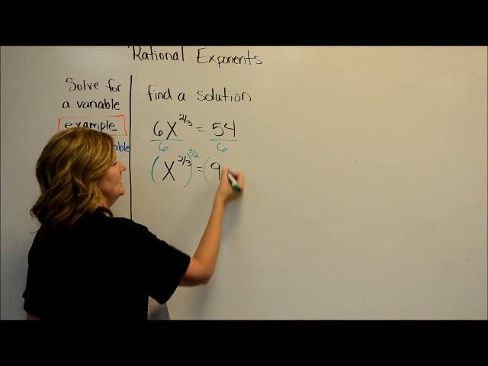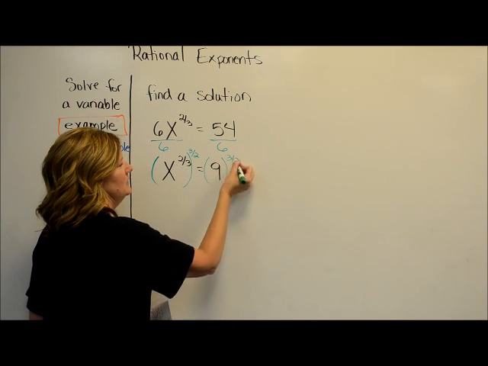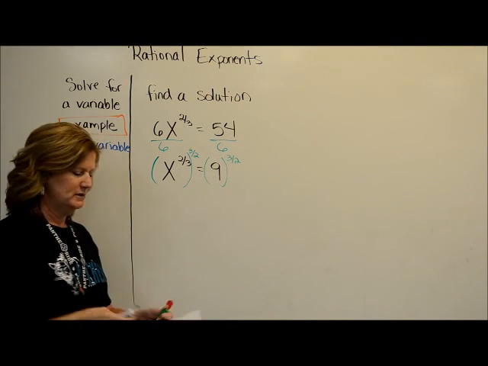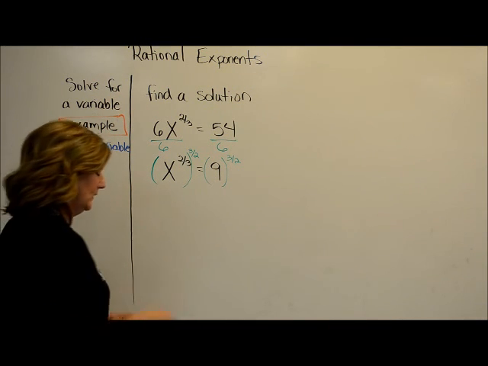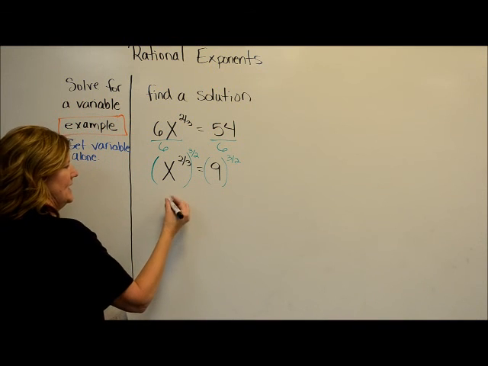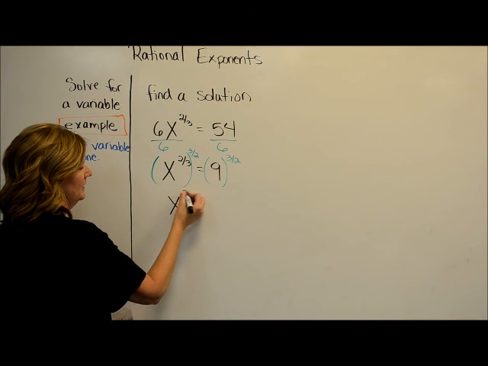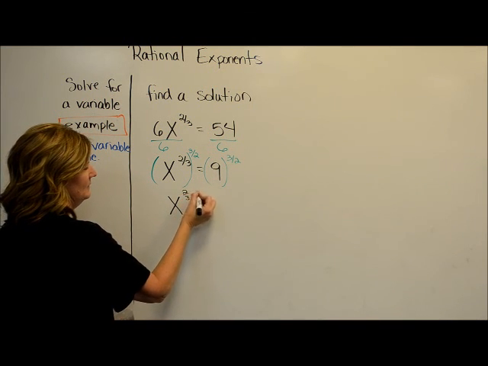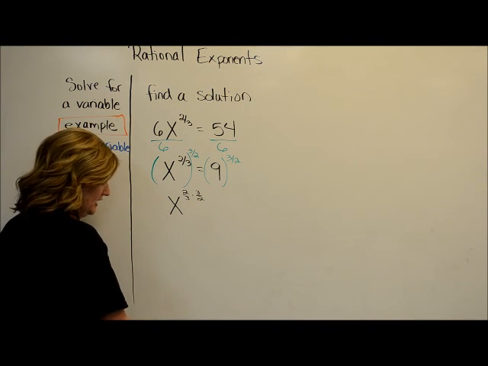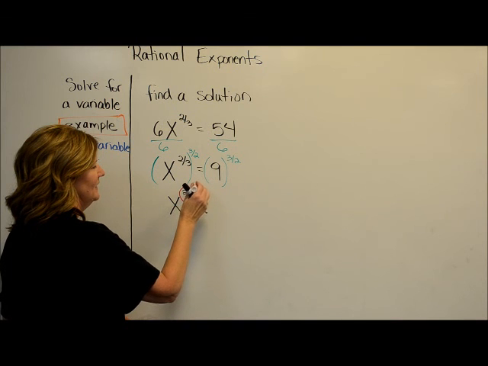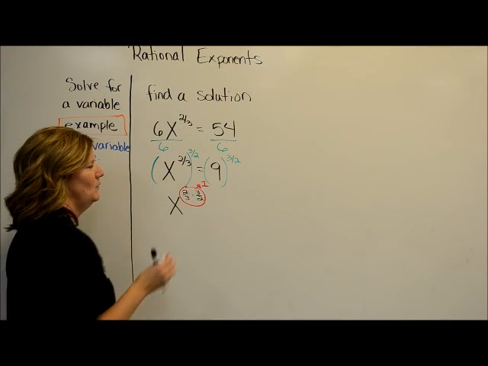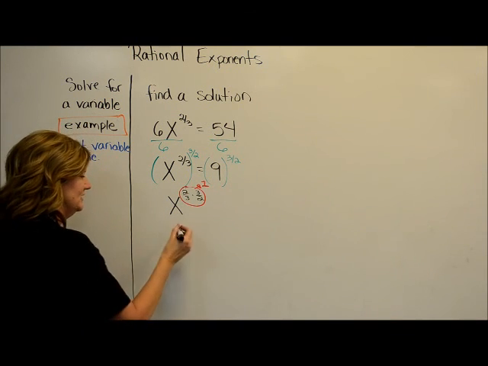What I do to one side, I have to do to the other side. So I'm going to raise both sides to the 3/2 power. What I end up with then is x to the 2/3 times 3/2. But you know that 2/3 times 3/2 is just going to give you 1, or just x.